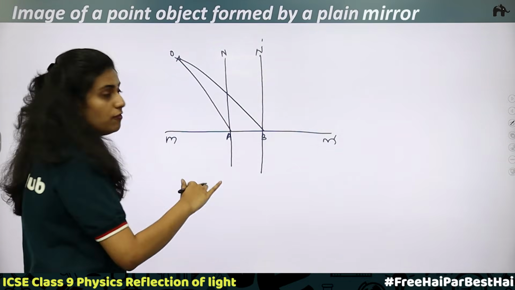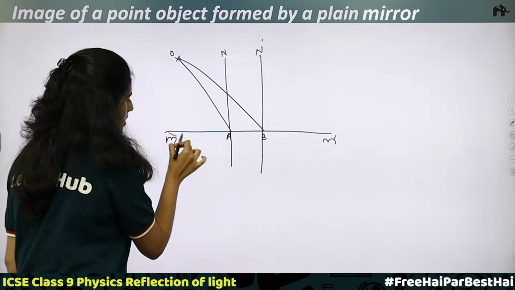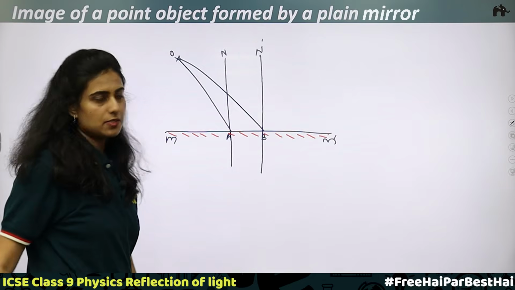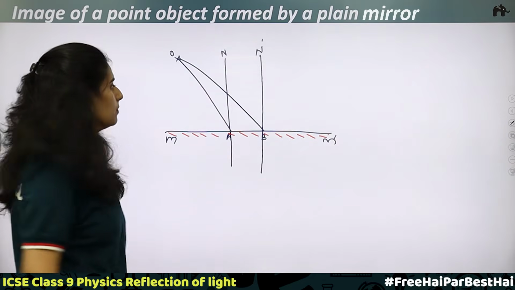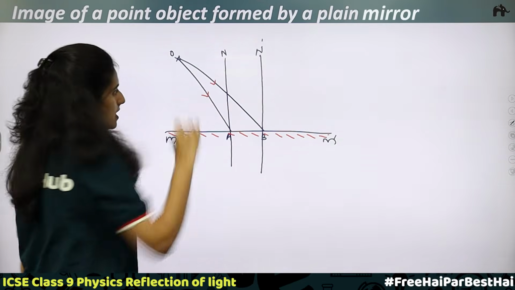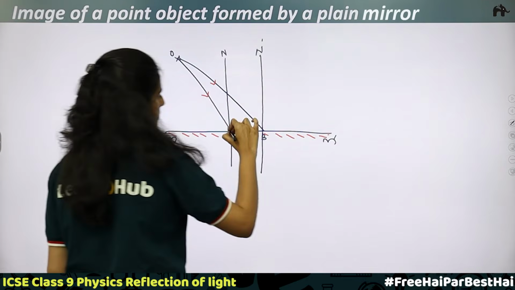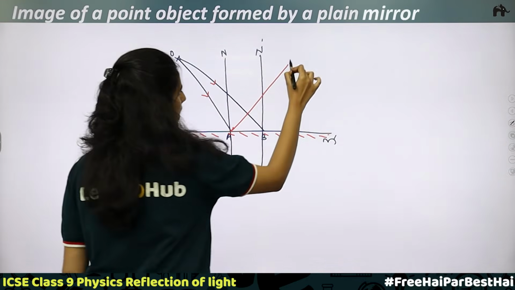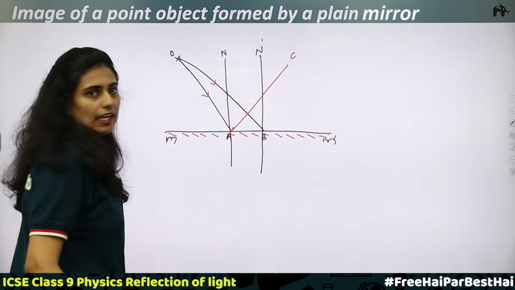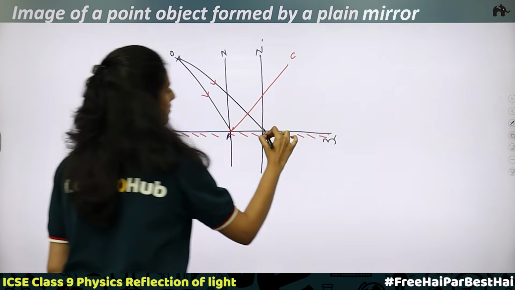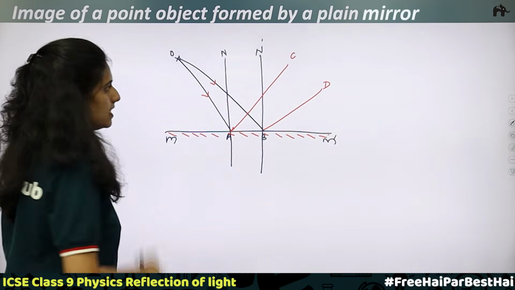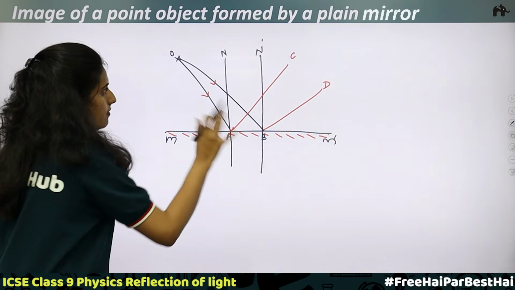The image will be formed behind the mirror, on the opposite side, the silver colored part. These are the incident rays and reflected rays. The first reflected ray, let's say AC, and the second reflected ray, BD. AC and BD are the reflected rays.